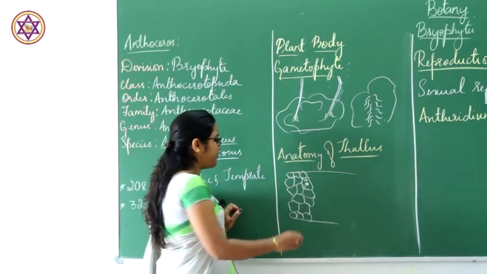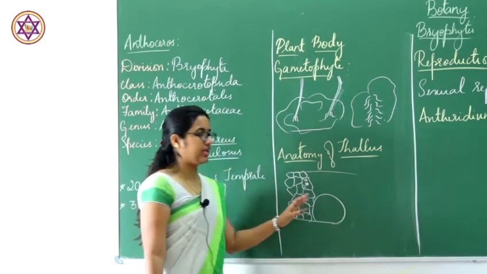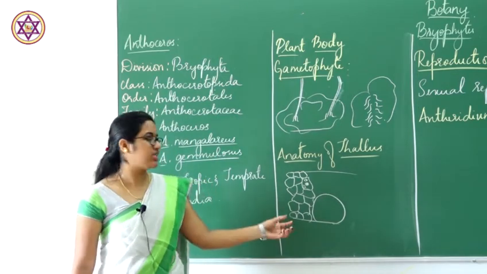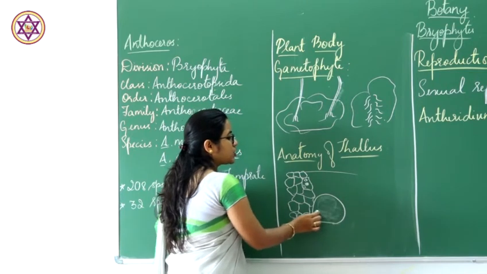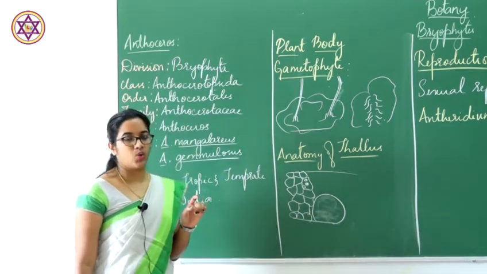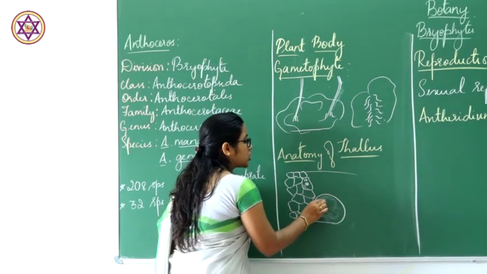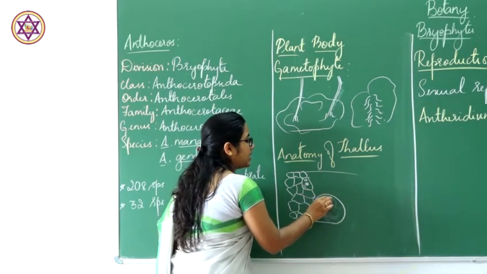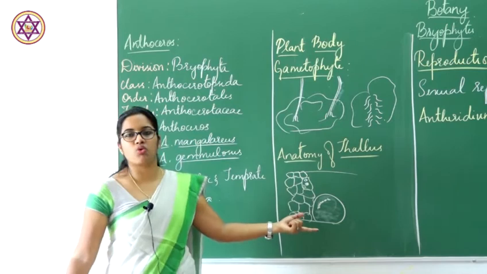One special feature you find among them is a large cavity, okay, an empty large cavity which appears to be greenish blue in color. Why is it so? These allow the Nostoc or Anabaena, the blue-green alga, to grow here.